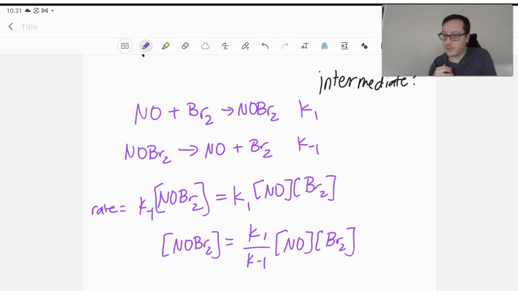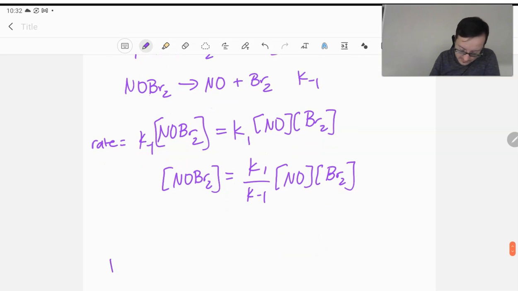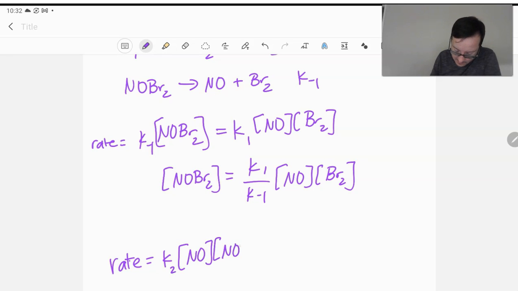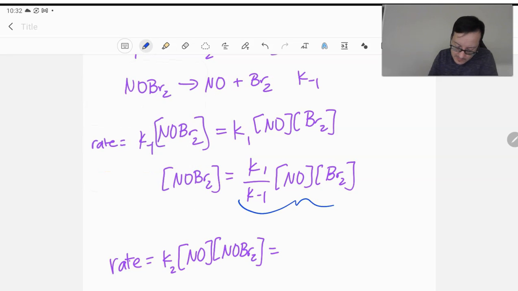And so if we do this bizarre thing of combining the like terms, or rather getting it so we can substitute in, we can now go to our original projected elementary rate law, which was that rate equals k2[NO][NOBr2], remembering that we can't use an intermediate in a rate law because we don't have it experimentally. If we just plug this in, all of this value goes right here.